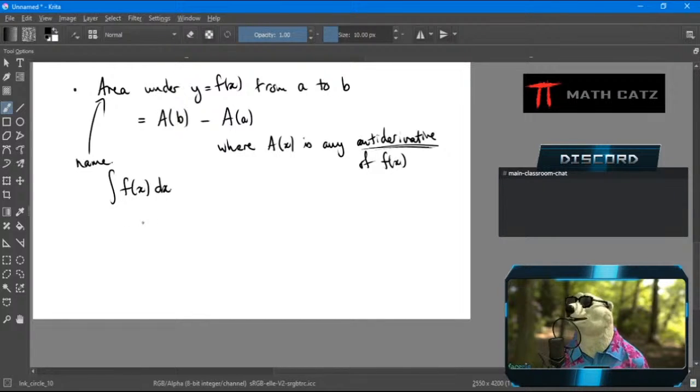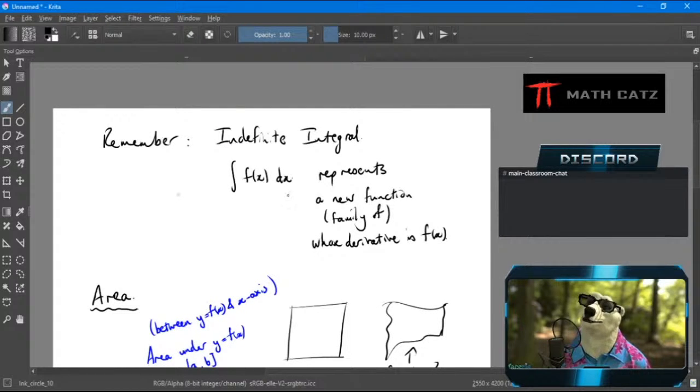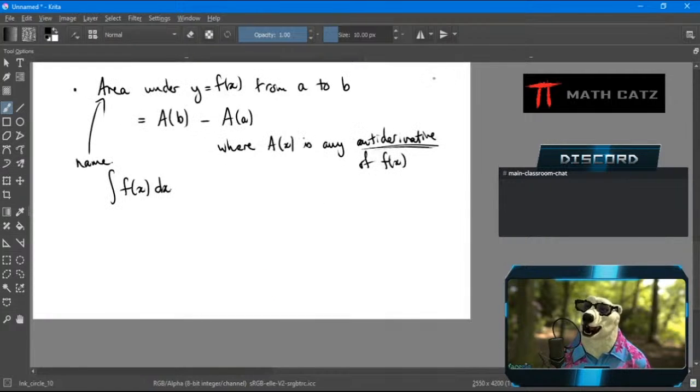But it's not the same, right? Before, the indefinite integral represented the whole family of antiderivative functions. Now I'm going to take one of them, any one of them, and plug in x values and get a calculation. This area is going to be a number.